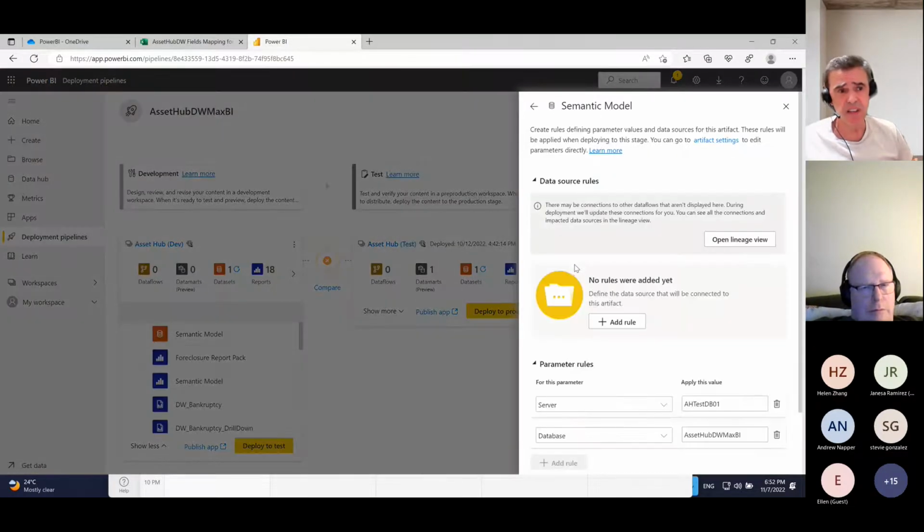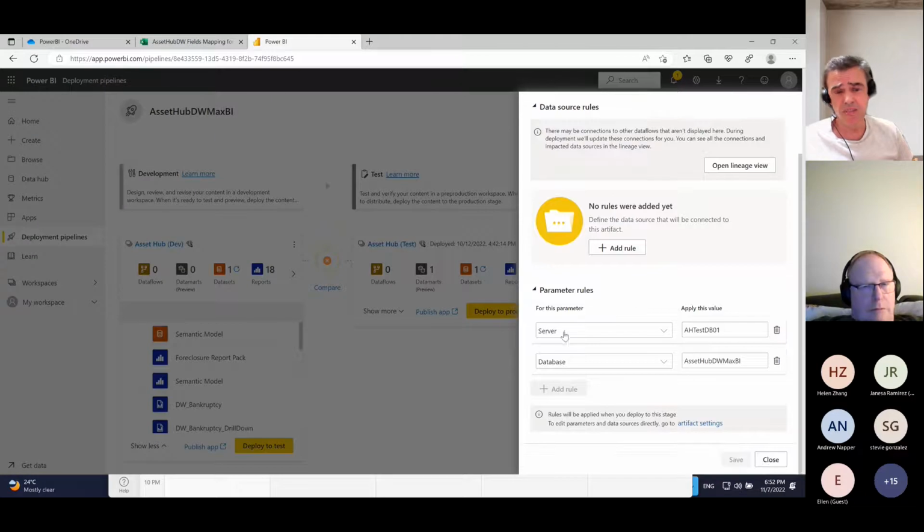For example, for this dataset in here, I defined 2 parameters for the server and the database. Once I have them defined in the pipeline and I deploy content, these rules kick in and automatically update connection strings. You can do that for Power BI reports and also paginated reports. So these rules are what really make the pipeline useful.